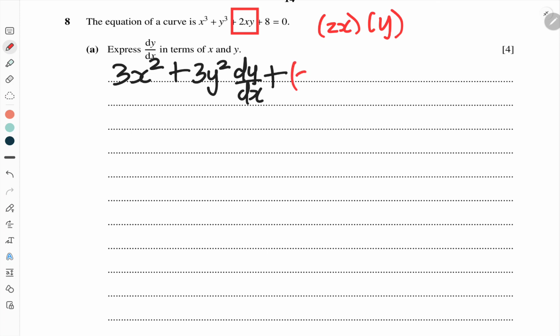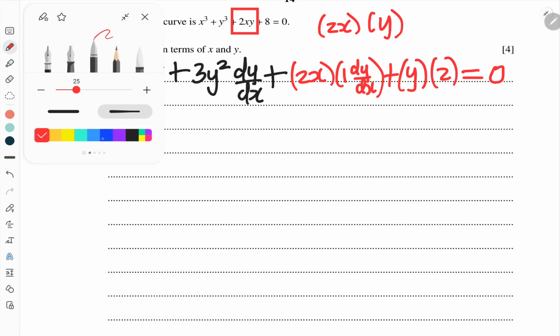That's going to be u, which is my 2x, times derivative of y, that's 1 dy/dx, plus y times the derivative of 2x, which is a 2. Then derivative of 8 is 0, and derivative of the 0 is also 0.